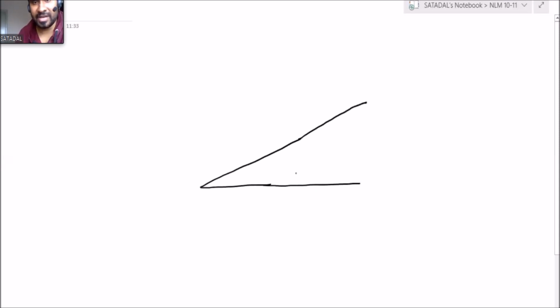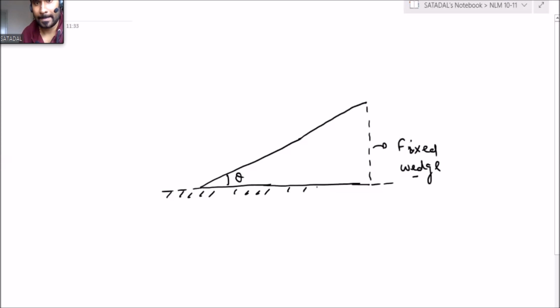This is a bigger wedge. Now this is a fixed wedge. This angle is theta. It is kept on the ground. Over it, there is a smaller wedge.